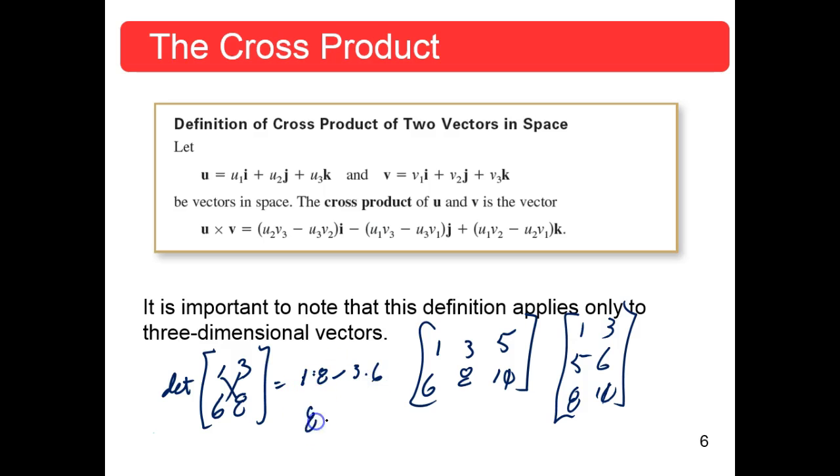So that would be 8 minus 18, equal to negative 10. You've just taken a matrix, an array of numbers, and come up with a scalar value. That's the determinant of a 2 by 2 matrix. You can only take the determinants of square matrices.